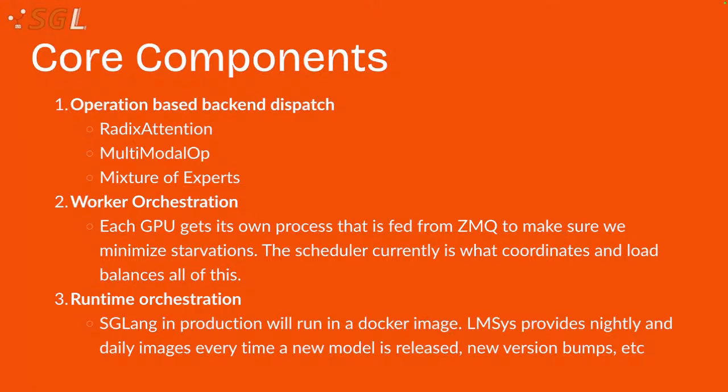LMSys, the organization, provides nightly and daily images every time a new model is released, a version bump happens, or a major patch needs to be done. So a very big thank you to them. It's important that as development continues, we make sure that our customers, the open source community, are getting the best things as fast as possible.